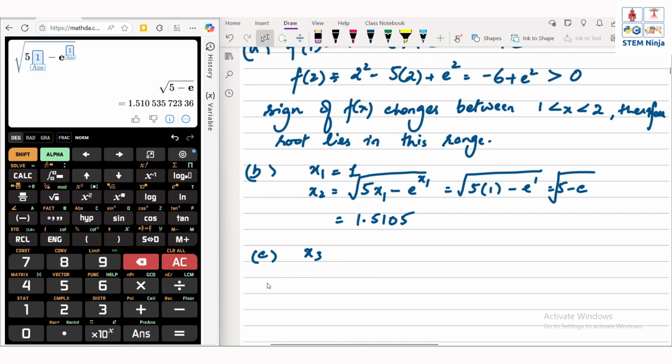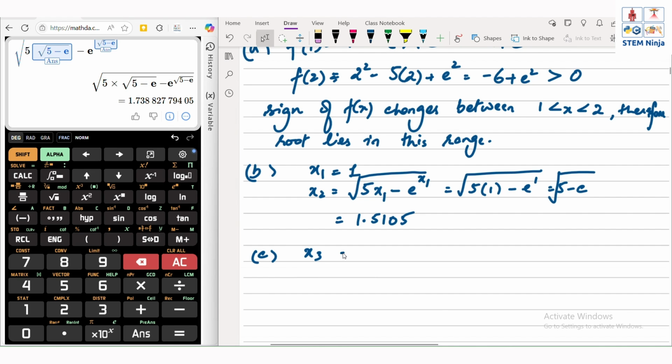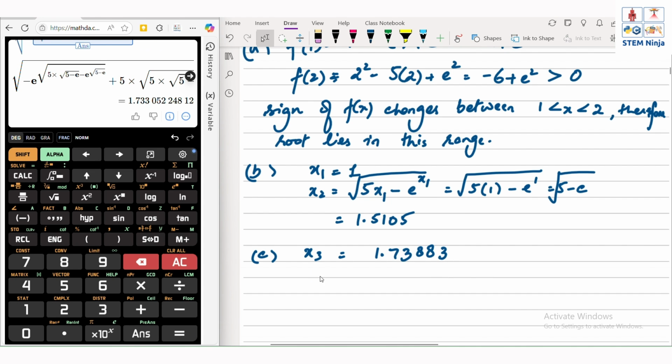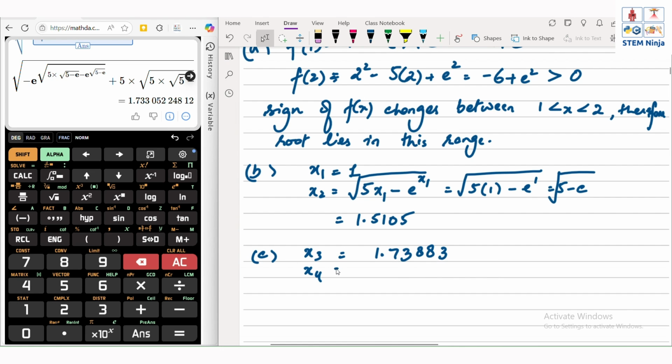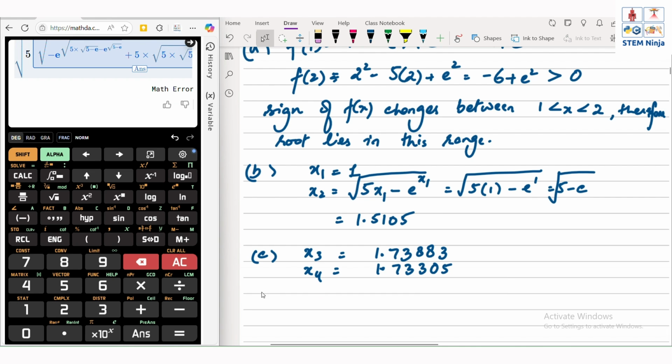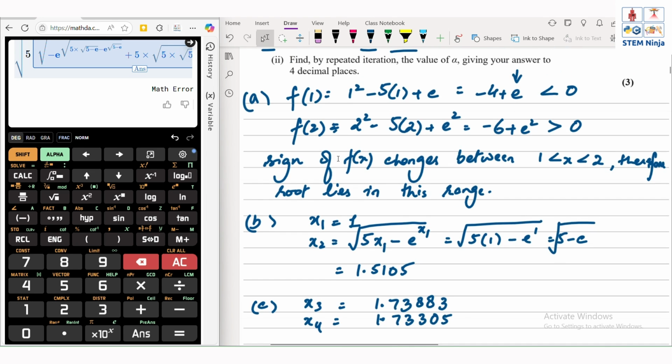Then we get the third value, 1.738883. Fourth value, 1.73305.